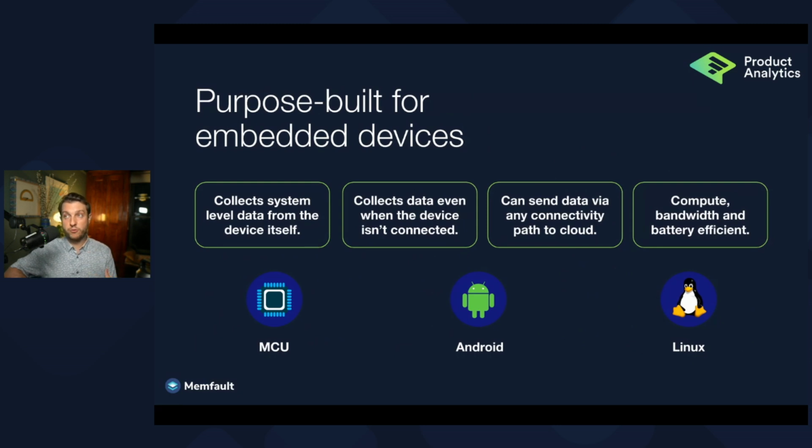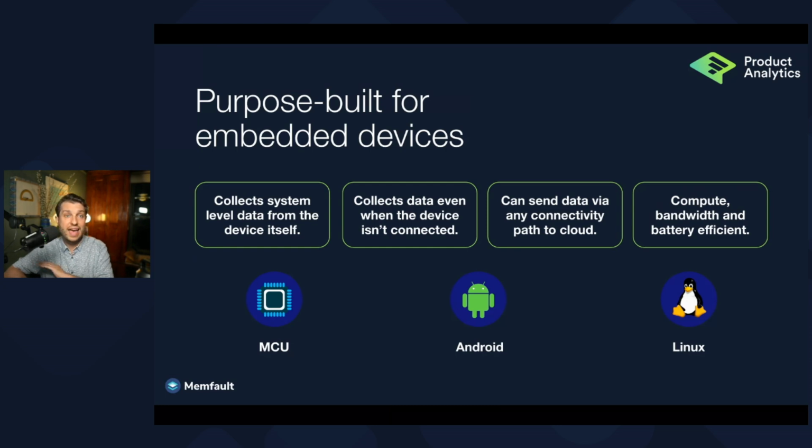Like all Memfault products, product analytics is built purposefully for embedded devices. It's a simple integration that collects data from the device itself. It works across all operating systems, whether you're running an RTOS or even bare metal on a microcontroller, or you're running Android or Linux on a larger SoC.